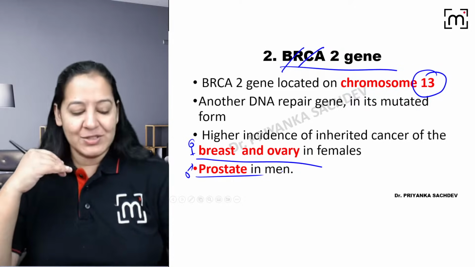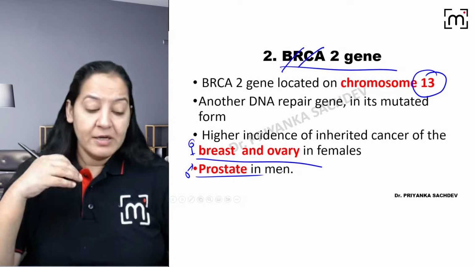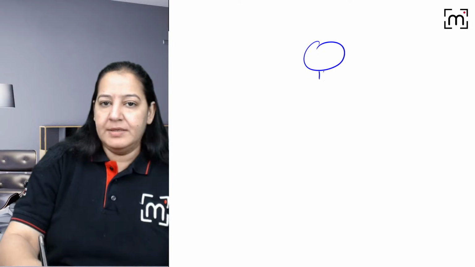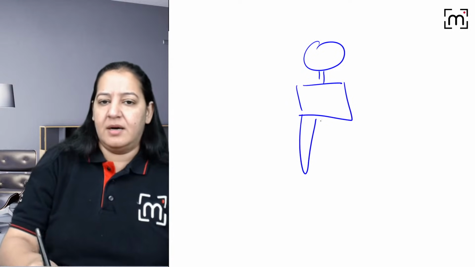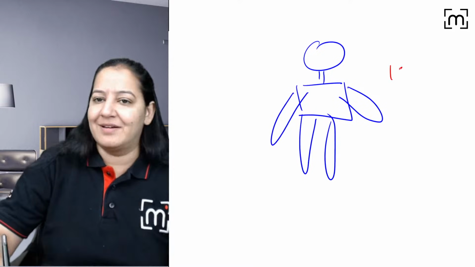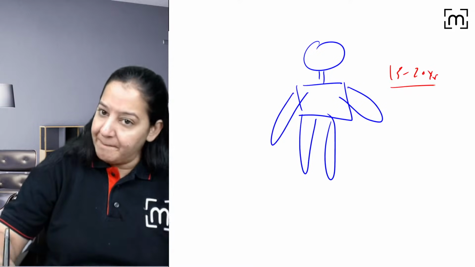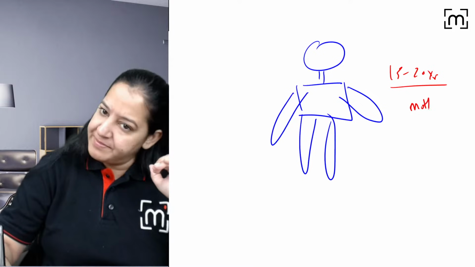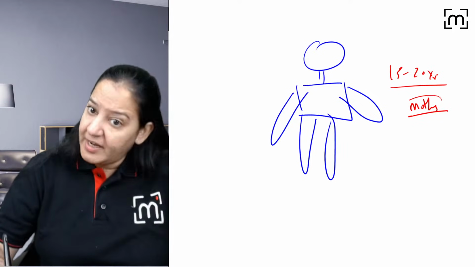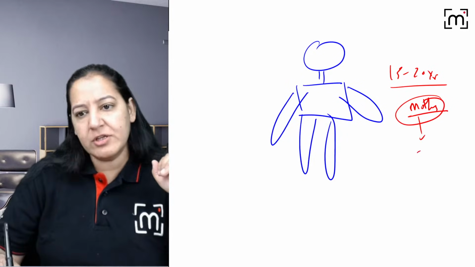Yes, I'm coming to that point, Gaurav. Suppose there is a young girl, maybe 15 to 20 years old. Her mother had breast cancer at a young age, when the mother was 25 or 30.